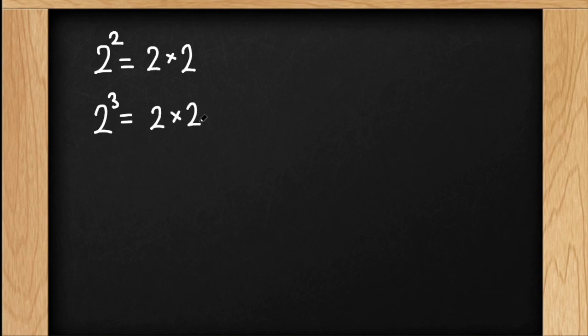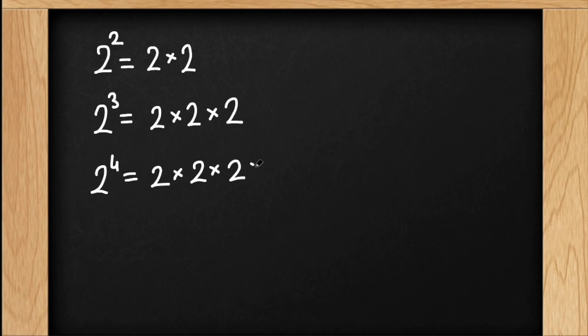Remember, exponents are a way of doing repeated multiplication. 2 to the second power is the same as 2 times 2. 2 to the third power is the same as 2 times 2 times 2. 2 to the fourth power is the same as 2 times 2 times 2 times 2.